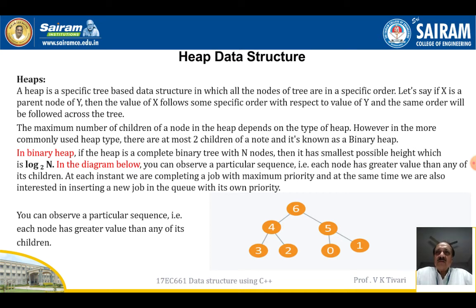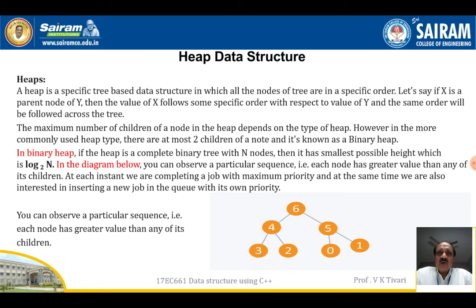The maximum number of children of a node in the heap depends on the type of heap. However, in the more commonly used heap type, there are at most 2 children of a node, and it's known as a binary heap. If a heap is a complete binary tree with n nodes, then it has the smallest possible height, which is log N.